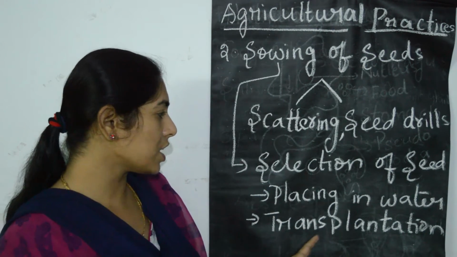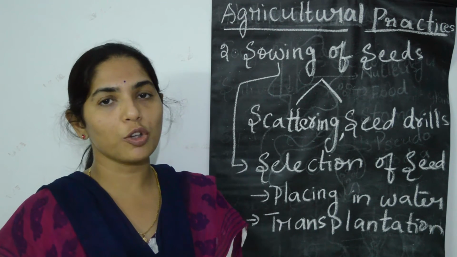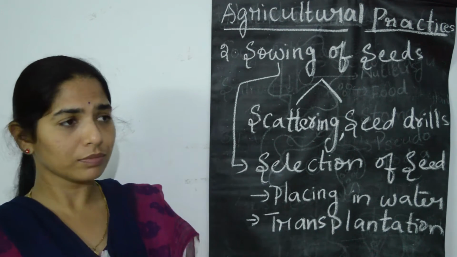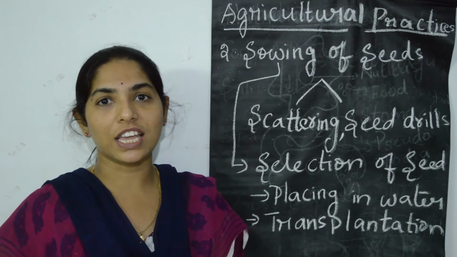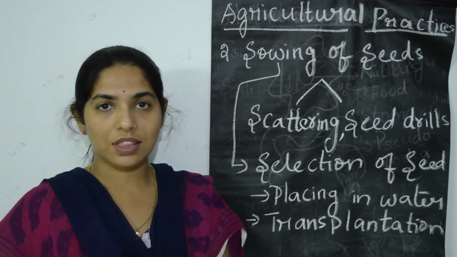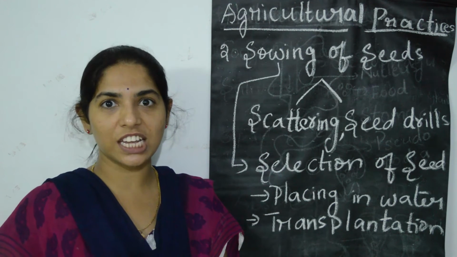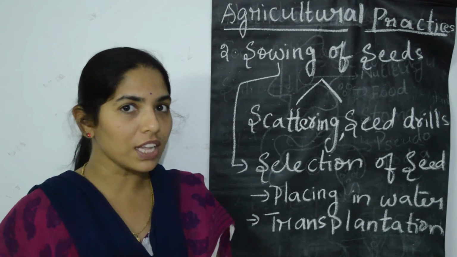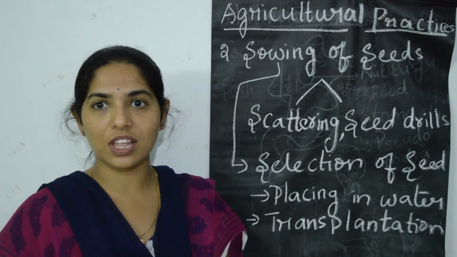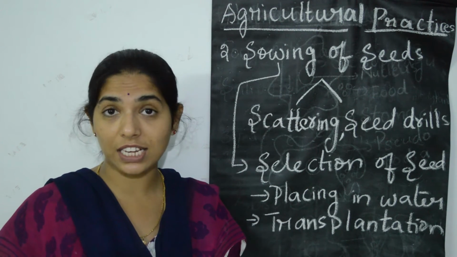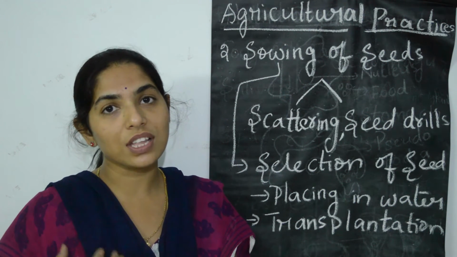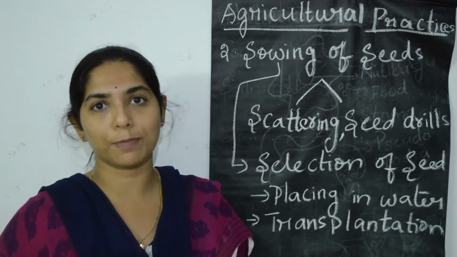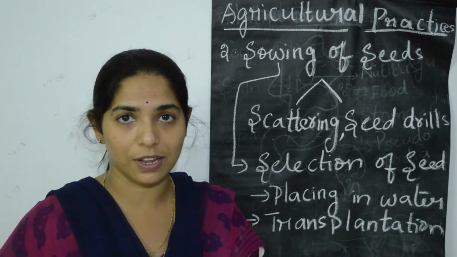Then the second thing is transplantation. We might be seeing in the fields, especially paddy fields, where women take small seedlings or saplings and place them in the field. So what is actually transplantation? First they select the healthy seedlings by sowing the seeds first in a small seed bed, which we call a nursery.